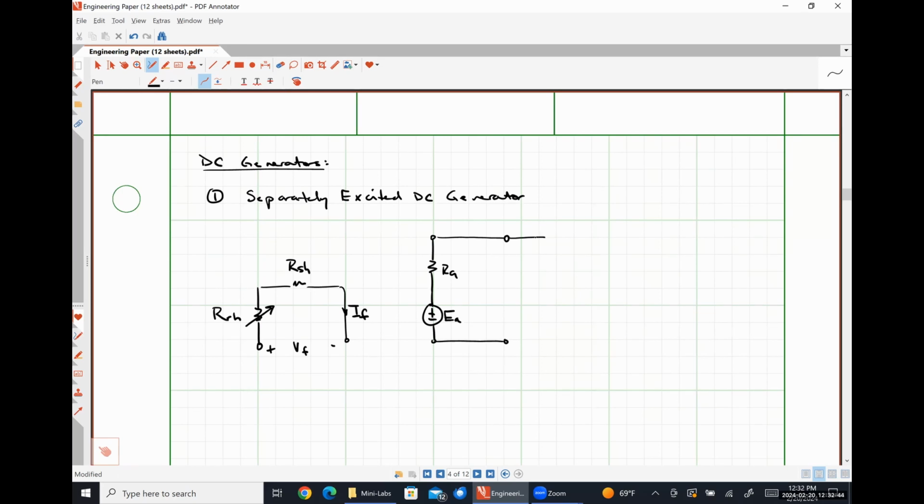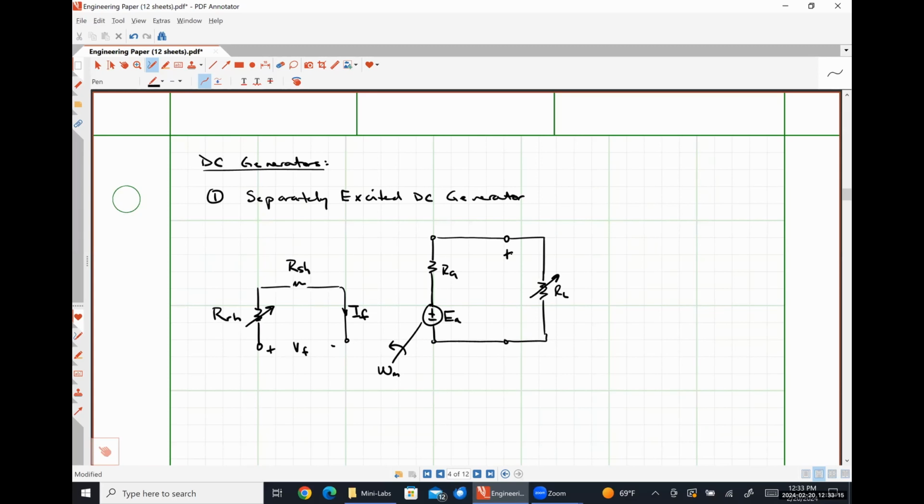And across these terminals, I'm going to place some variable load resistance, RL, like so. And I'm going to put this little line right here. All this is representing effectively is my shaft that I am mechanically turning in order to induce a voltage.